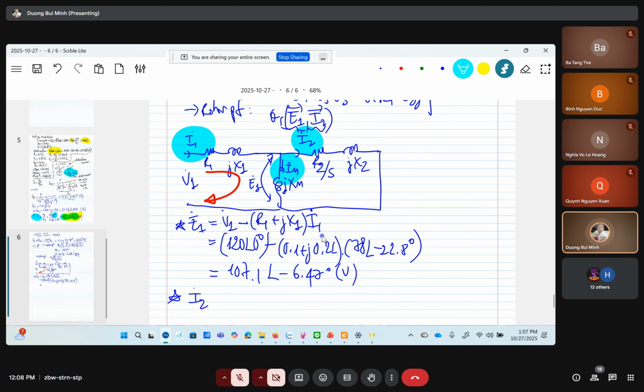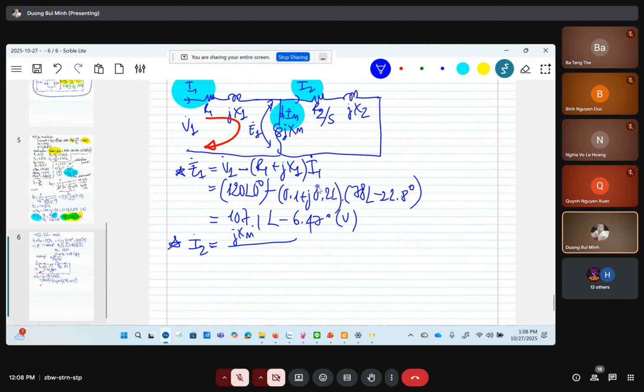So I2 is jXM divided by (jXM plus R2 over s plus jX2), times I1.